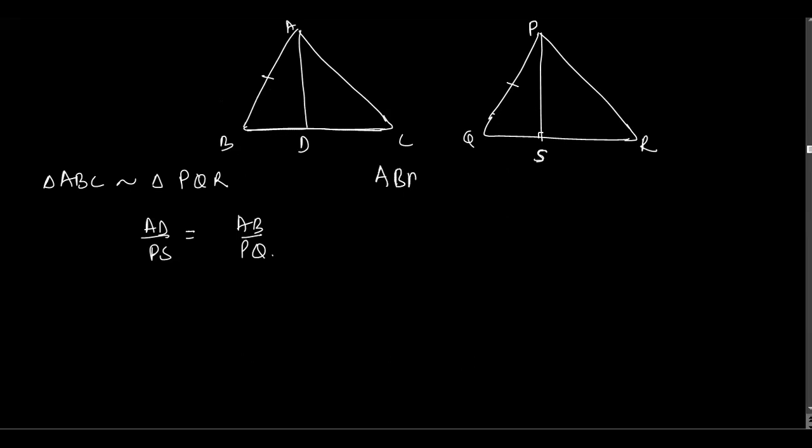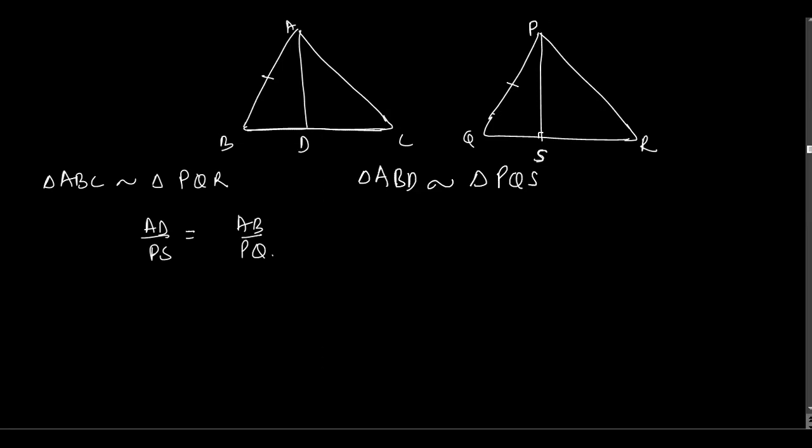If PQS is similar to PQR, then it will be similar to triangle ABD also. How can you prove this one? Because triangle ABC and triangle PQR are similar, and triangle ABD is similar to triangle ABC, so this half and that half can be similar if triangle ABC is similar to PQR.